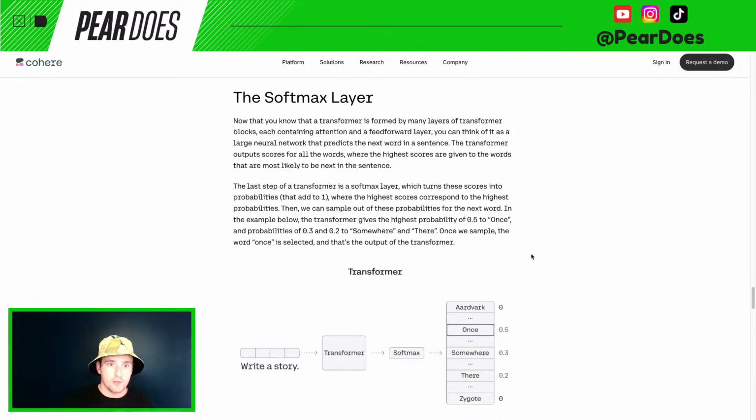And so you can think of all these many layers as just like different pieces of a puzzle, just smaller, right? So you have the same thing that goes on up here, down here, just at different stages. And so each layer of the transformer block, each containing attention and feed forward layer, you can think of it as a large LLM, a large neural network that predicts the next word in a sentence, because at each word, it is looking at thousands upon thousands of data points.